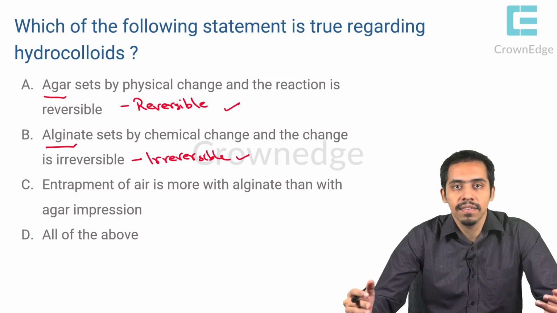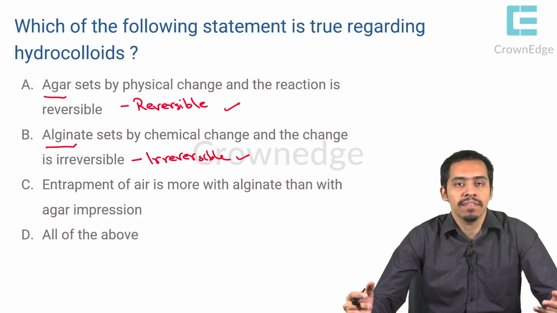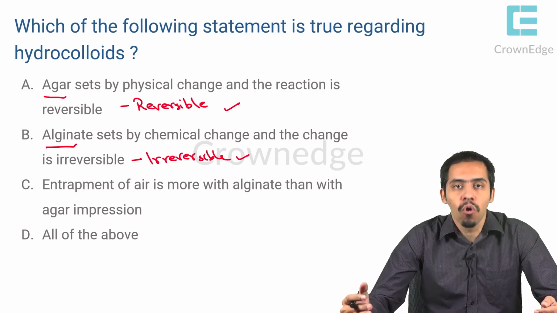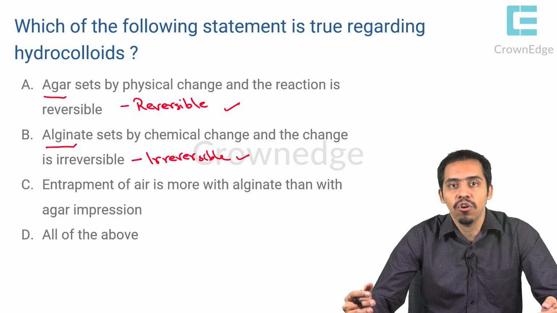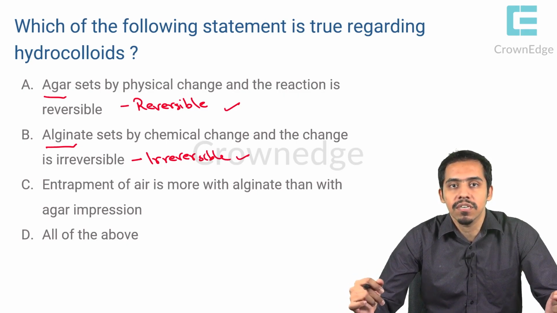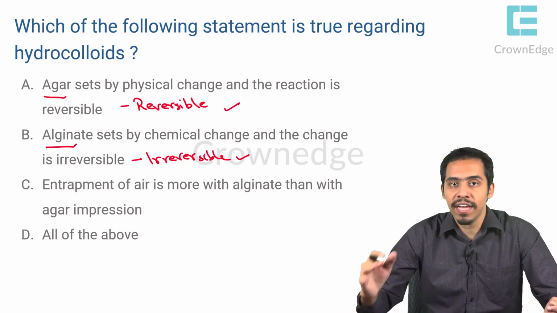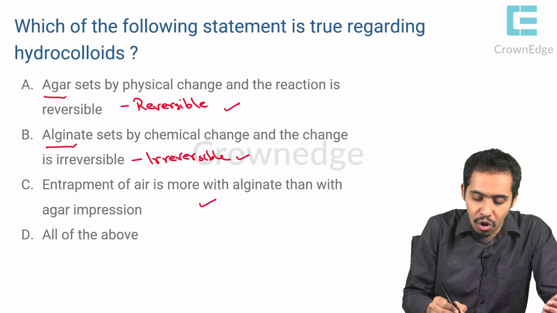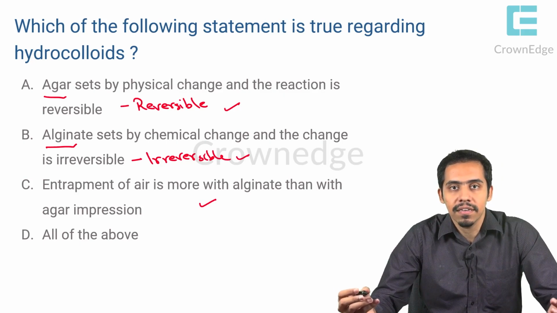Now, there is a novel method of mixing alginate that we all know is the figure of 8 motion, but the chances of air bubbles or air entrapment is more with alginate compared to your agar, because agar is normally stored at a temperature and we just whisk the mixture out and put it on our trays before taking the impression. So entrapment of air, which is again a big disadvantage with your alginate mixtures, is also a correct option.